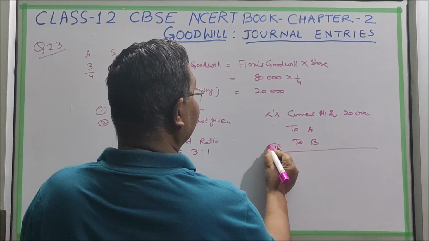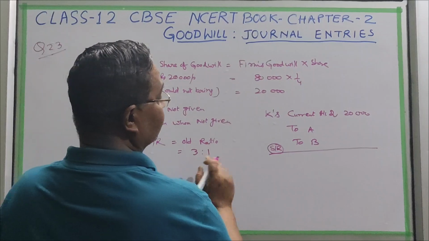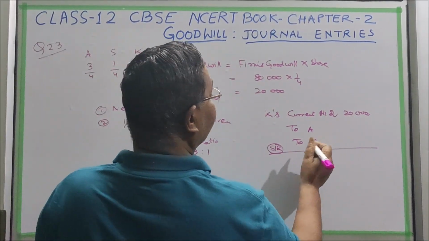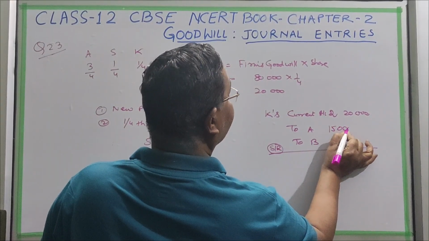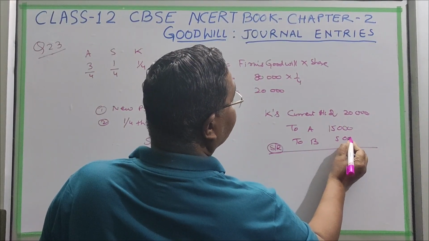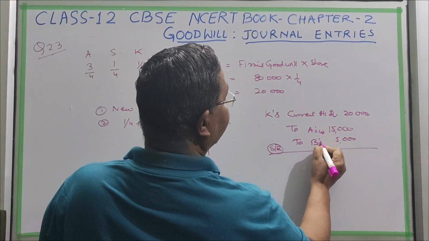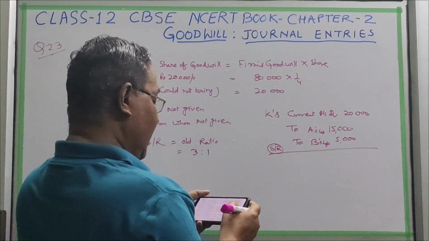You will write sacrifice ratio, but it will always come to this in calculation. So this is the shortcut. So 3/4, 4 means 5, 3 fives are 15, and 5,000. So A's capital and B's capital account will get. This is the general entry for goodwill.